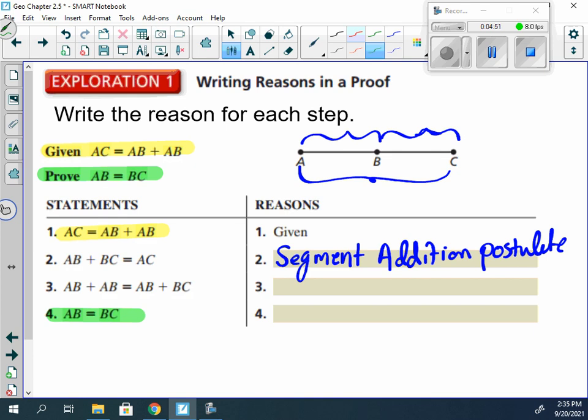Any questions on this here so far? Question? Okay. Now, so far we've said AC is equal to what? AB plus AB, yes? We also said that AC is equal to AB plus BC, yes? Wasn't there a postulate that we learned on Friday that says I can take these two statements and together because they're both equal to AC? We did, and it starts with a T. Does anybody remember?